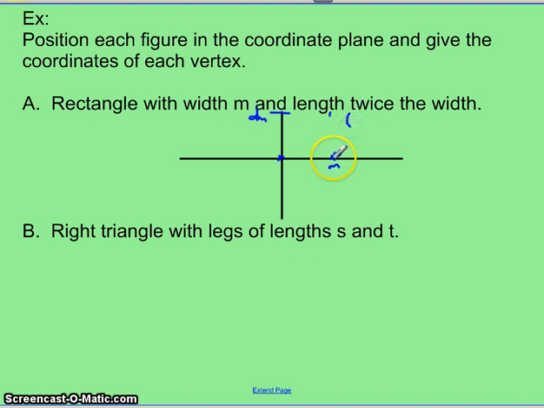So the coordinates of this point would be m for the x, 2m for the y. The coordinates of this point would be m, 0, and of course the origin would be 0, 0. And then this point up here is just straight up 2m, so that would be 0, 2m.